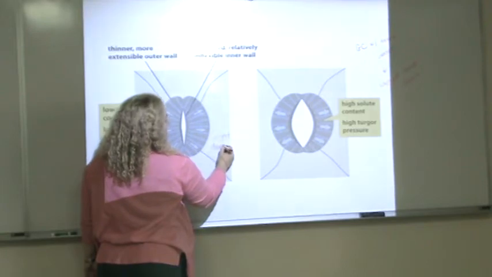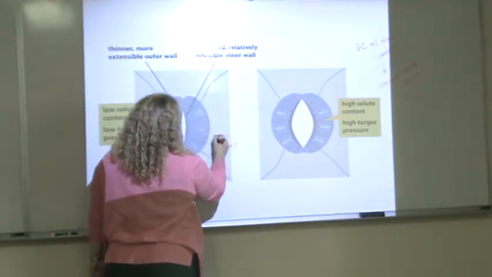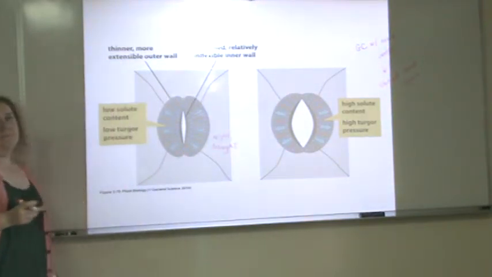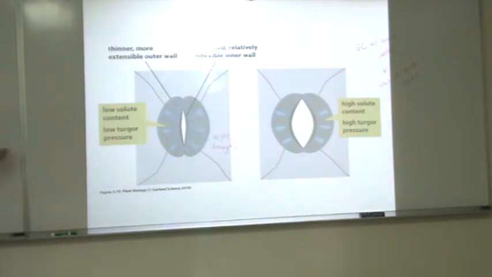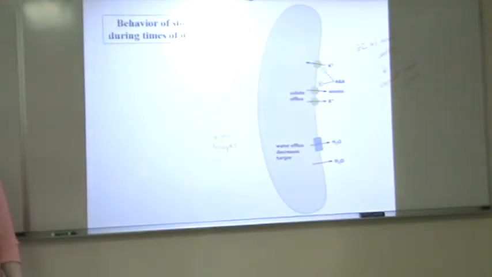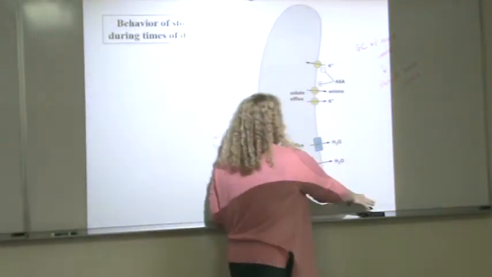And we would also want stomates to be closed if it's dry. So plants, they're having water come out of the stomates, they're having CO2 go in. If they really need to conserve water, they will want to close stomates even in the daytime.